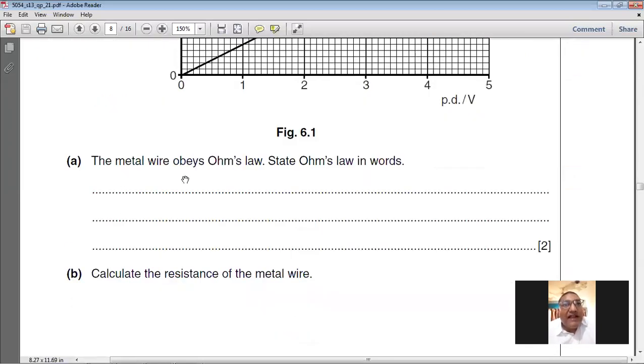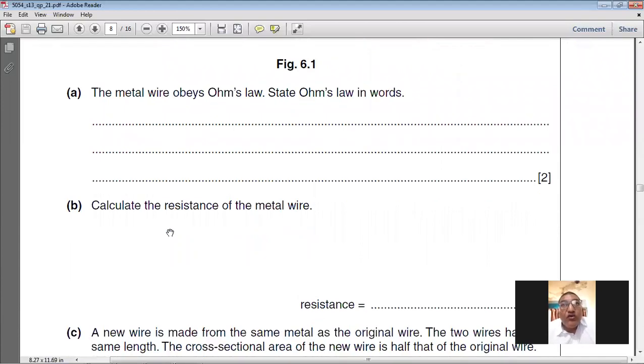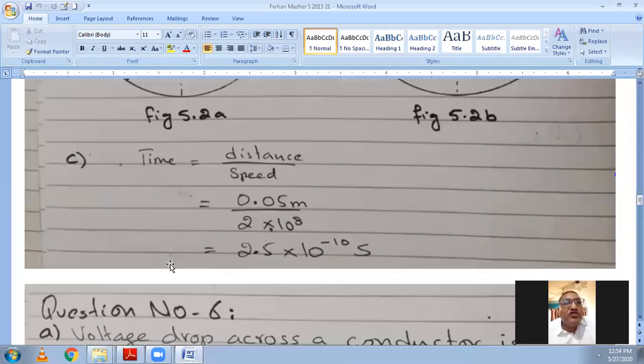The metal wire obeys Ohm's law. State Ohm's law in words. So it's a 2-mark statement. The voltage drop across a conductor is directly proportional to the current flowing through the conductor if its physical conditions do not change. Let me show you, I've written this answer.